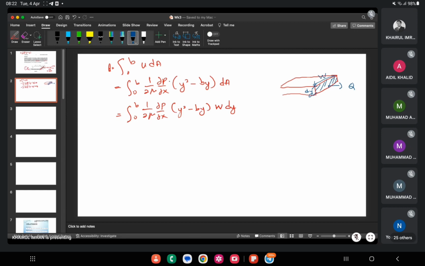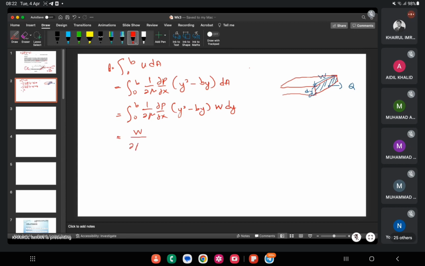So we are going to solve this equation. So this one equals to whatever constant you have from this part, you can put it to the right. So it becomes what? W is constant, right?